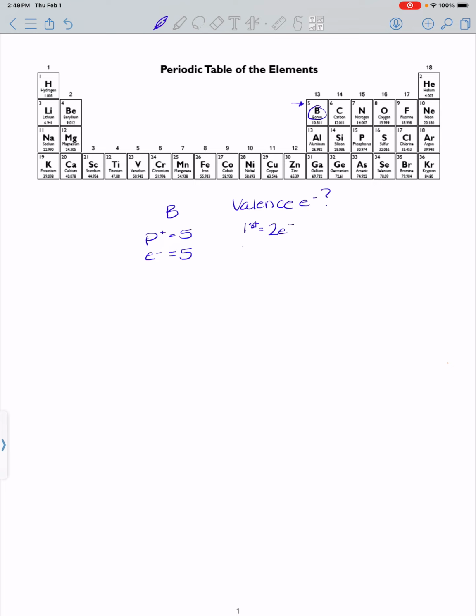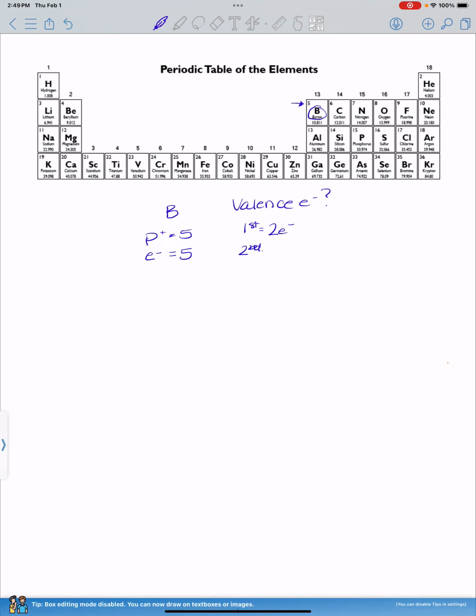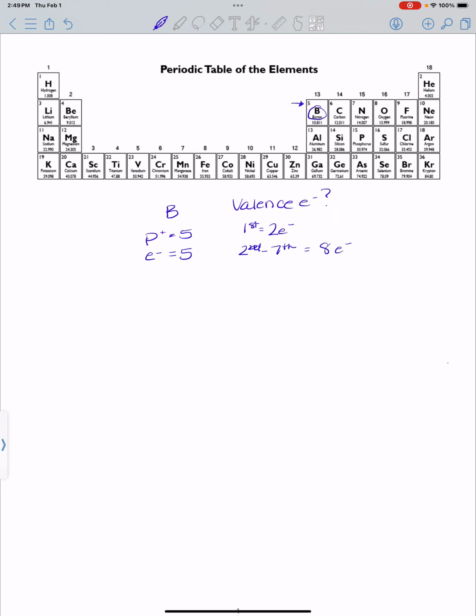And every orbital past that, so the second through the 7th shell, can hold a max of 8 electrons. We are going to fill the first electron shell before we move on to the second. The second one has to be filled before we move on to the third, and so on and so forth until we run out of electrons.